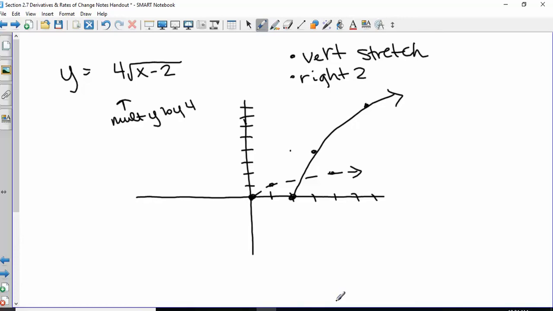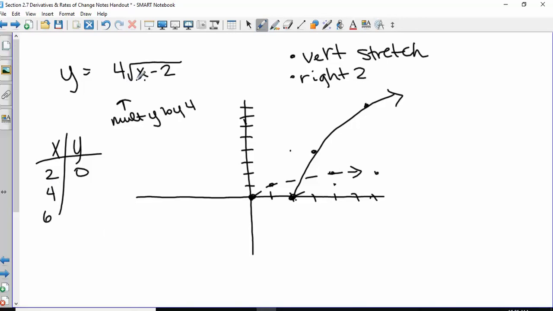When in doubt, especially on stretching and shrinking, if you are struggling, make a T-chart if you need to. Plug in some numbers and see what you get out. You know it moves right 2, so you at least know if all you did was move your graph right 2, it would look something like this. So you could plug in x equals 2, 3, and 6 and see what we get out.